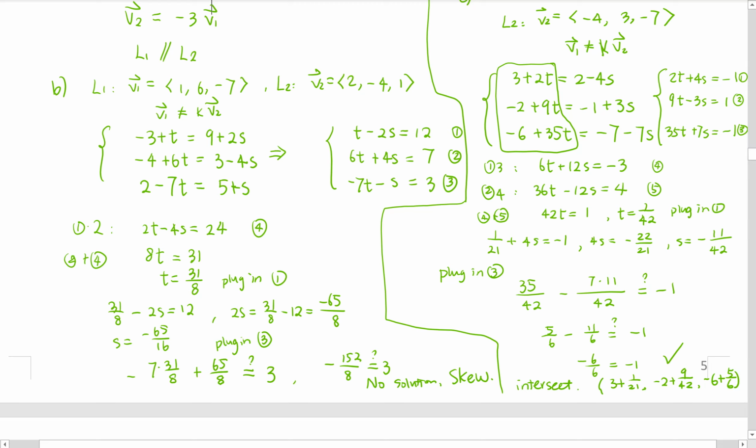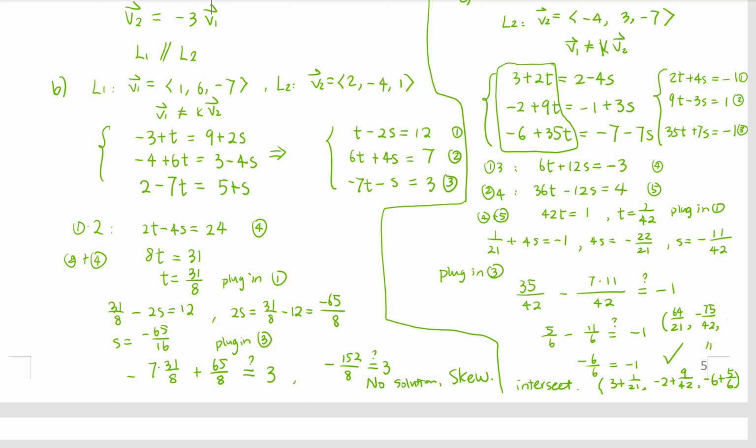Okay, what are these points? Well, the first point: 3 times 21 is 63, 63 plus 1, 64 over 21. And then negative 2 times 42 is 84, so minus 84 plus 9 is minus 75 over 42.